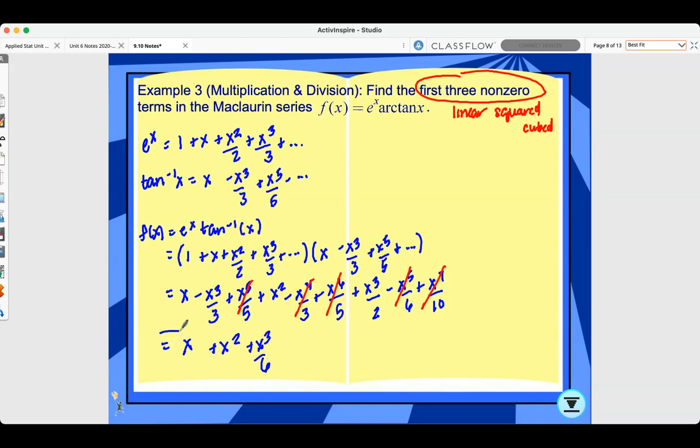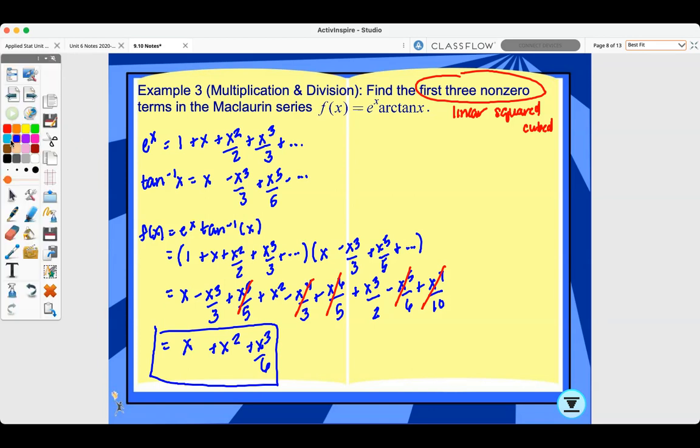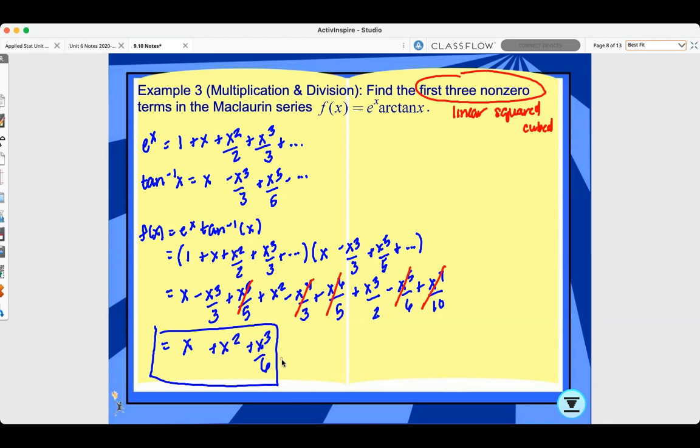And that would be my first three non-zero terms. Sometimes they'll ask you for the coefficient of the x cubed term, so you want to make sure you simplify. If they asked for the coefficient of the x cubed term, you would give your answer of 1/6, and you see that a lot on the exam.